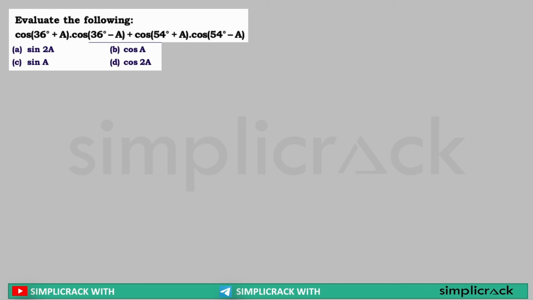Sorted? Next. Sir, cos(36 degree plus a) into cos(36 degree minus a) is equal to cos(54 degree plus a) into cos(45 degree minus a). This is what it has given. Sir, very simple. How to do it? Understand this.